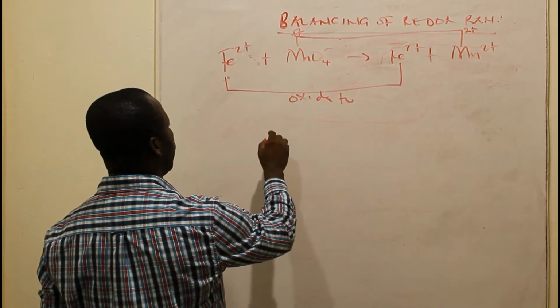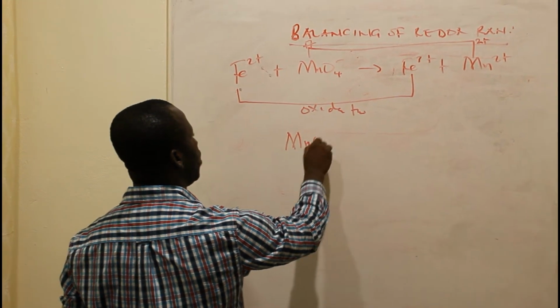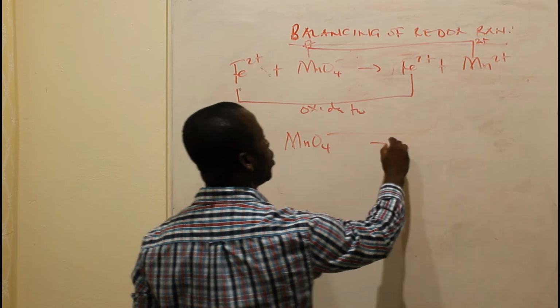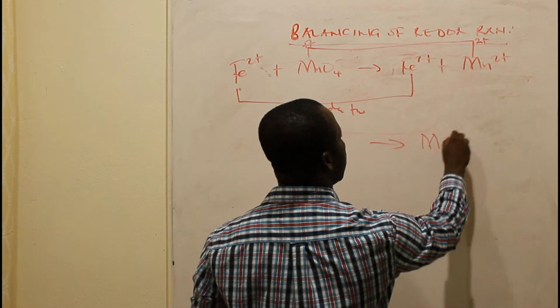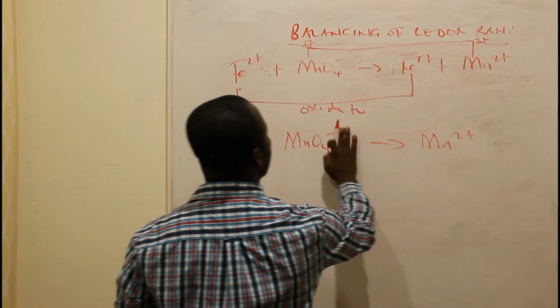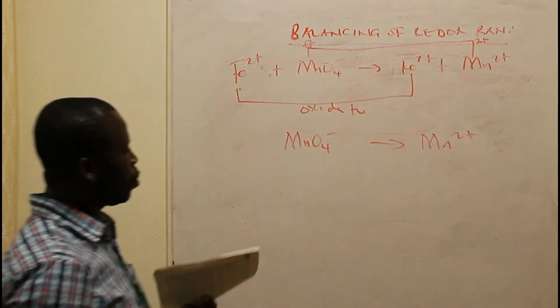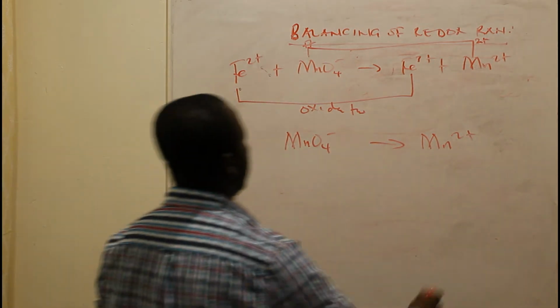Let's balance one of them first. MnO4- to give you Mn2+. This is the reduction part.